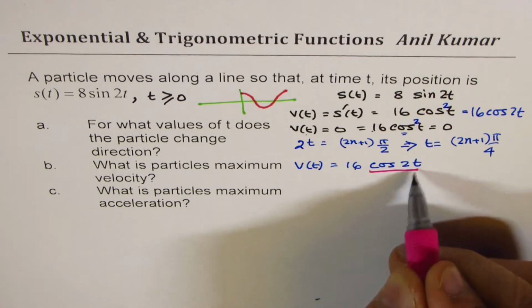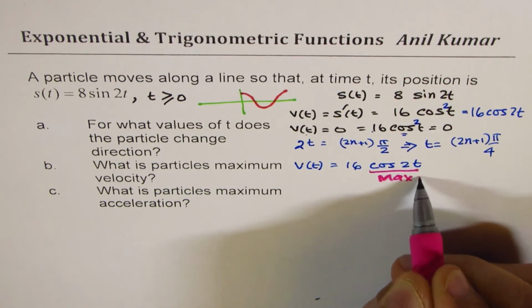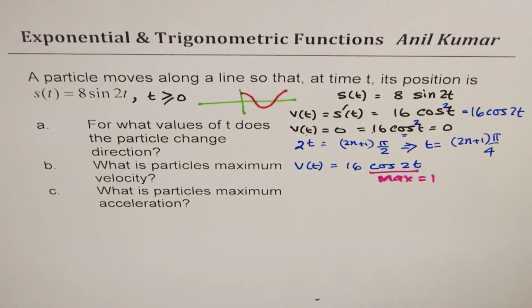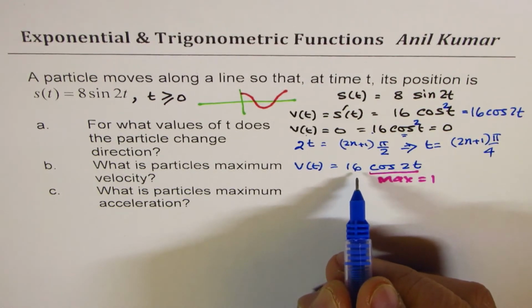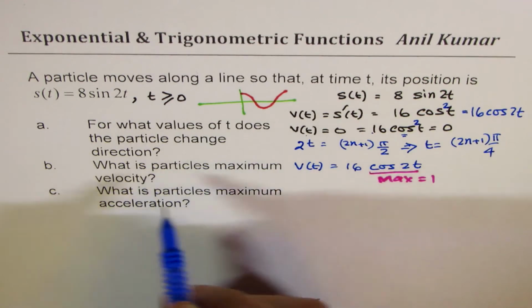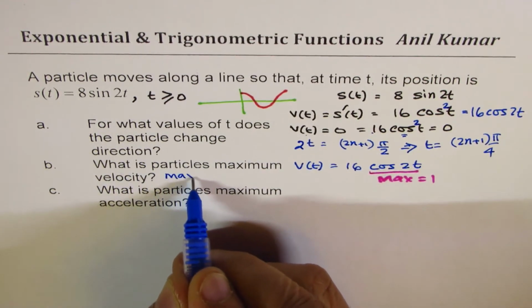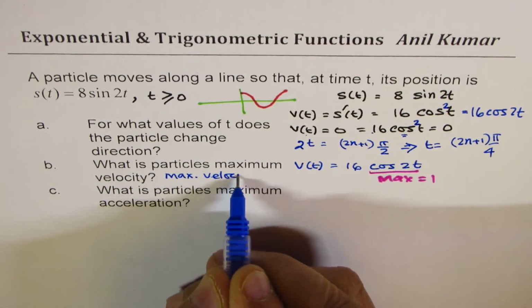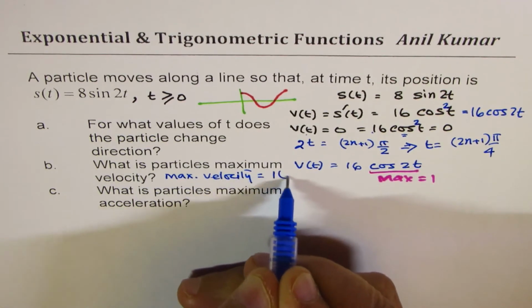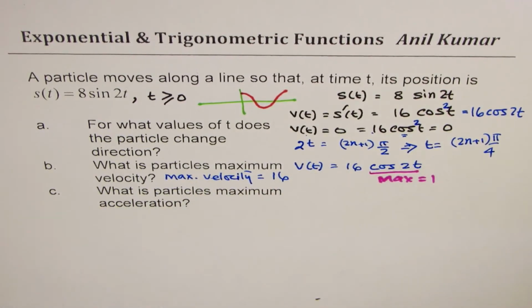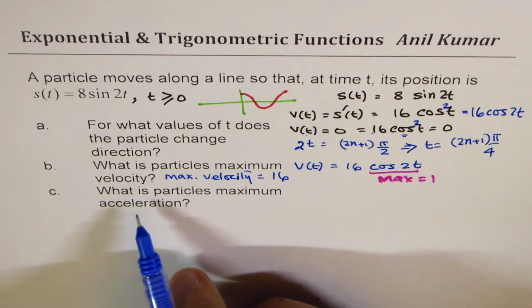Cosine can be maximum 1. Therefore, the maximum velocity is 16, right? We're not given units, so we'll write maximum velocity equals 16, right? That's the amplitude kind of thing.